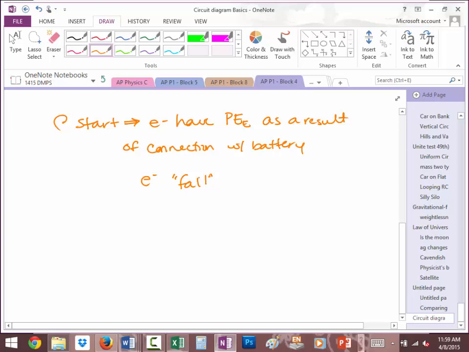This is giving off energy, isn't it? Energy in the form of light and maybe a little bit of heat. So that electric potential energy is going to be converted into heat and light.